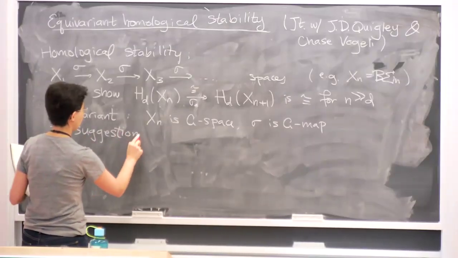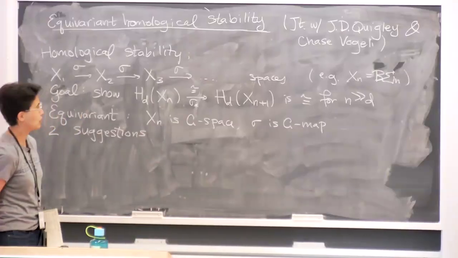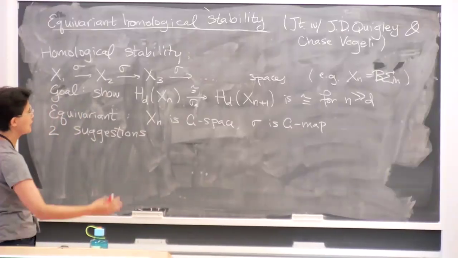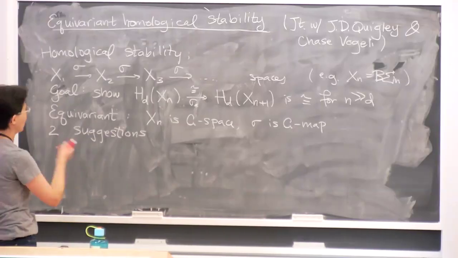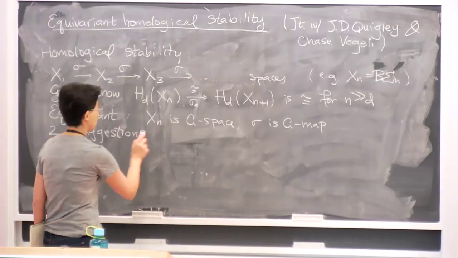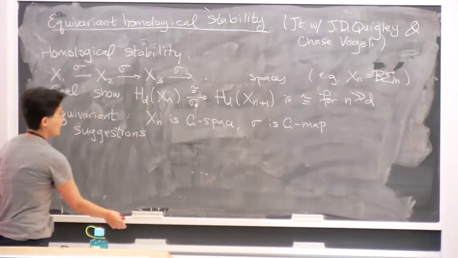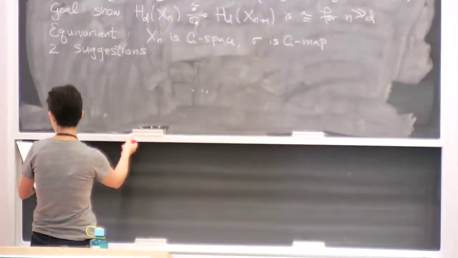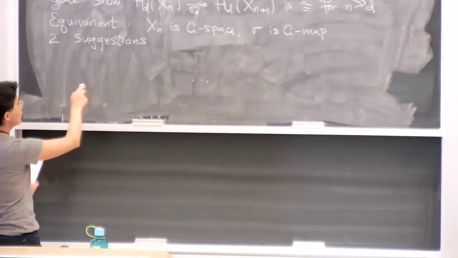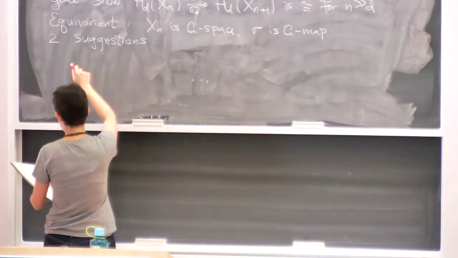Homological stability isn't a theorem you prove in general. Rather, given specific sequences of spaces, they might satisfy homological stability. So these are suggestions for what a homological stability statement should look like in general, and they are inspired by examples.